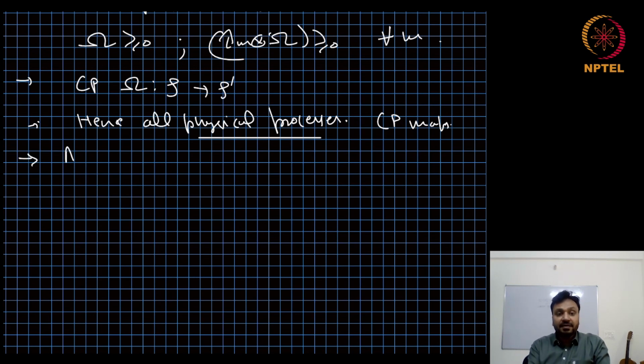An arbitrary completely positive map can be thought of as a physical process.